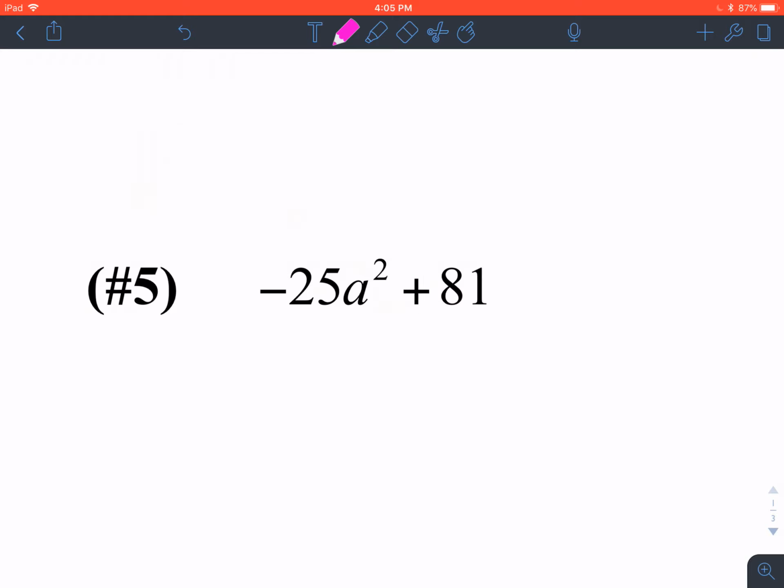So what I'm going to do for this one, you could either factor out a negative 1 to change the signs. If you factor out a negative 1, then you would have positive 25a squared minus 81. But what I like better is just flipping these around, because then I just go 81 minus 25a squared. If I flip them around, it doesn't really change anything, right?